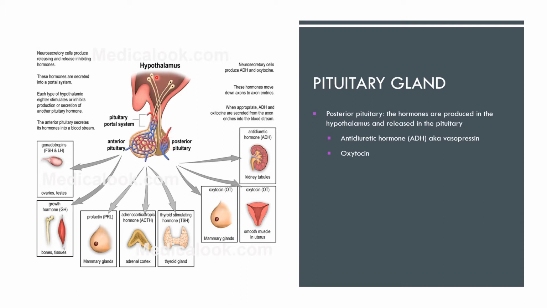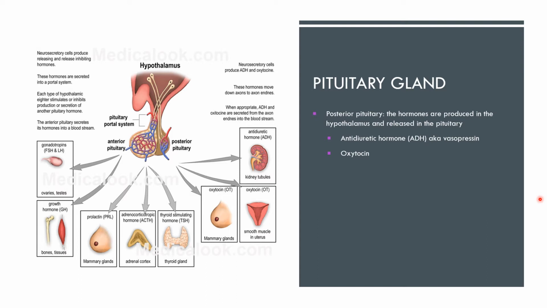So hormones such as antidiuretic hormone and oxytocin. Antidiuretic hormone is otherwise known as vasopressin. Oxytocin is oxytocin. But those two hormones are released from the posterior pituitary, but they're actually produced in the hypothalamus.